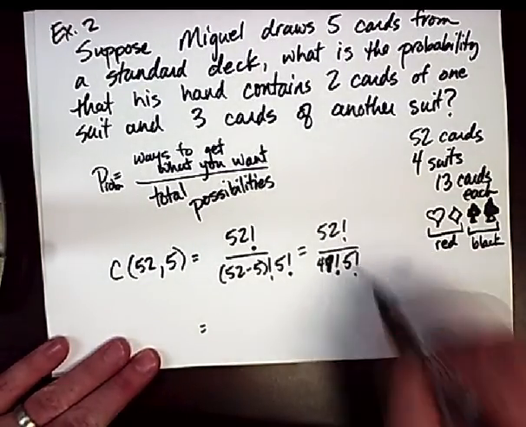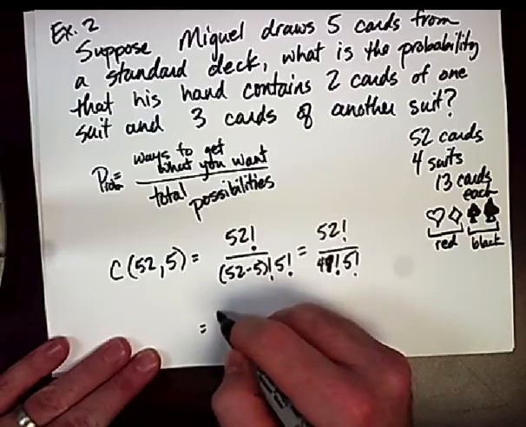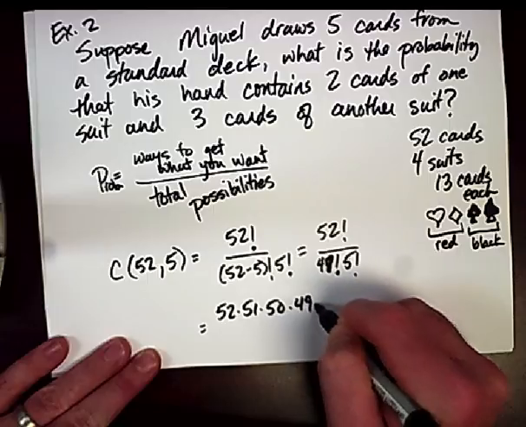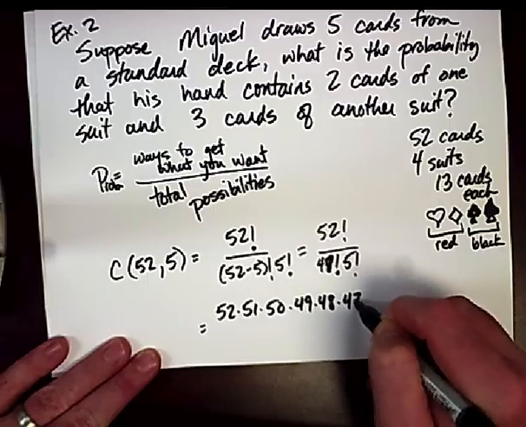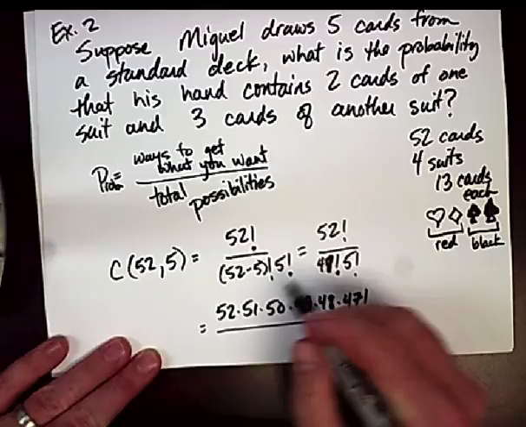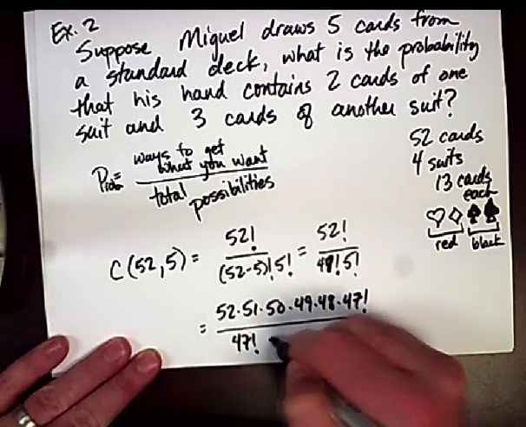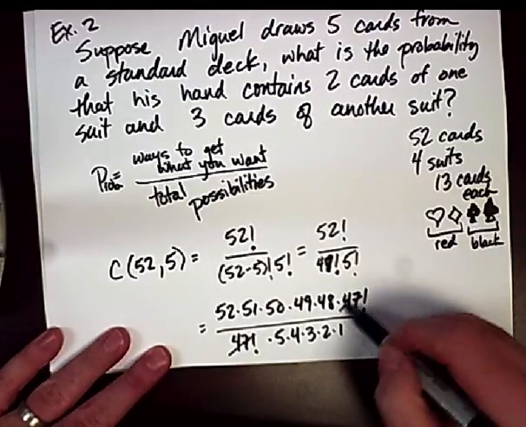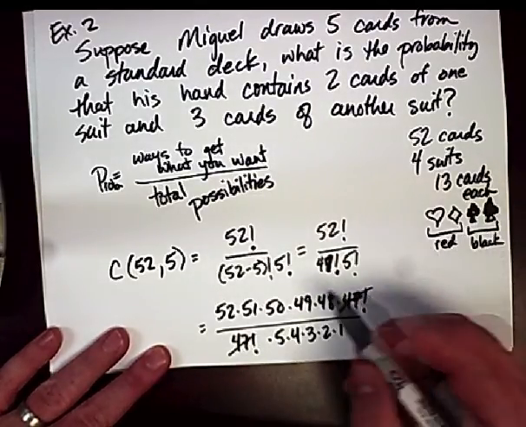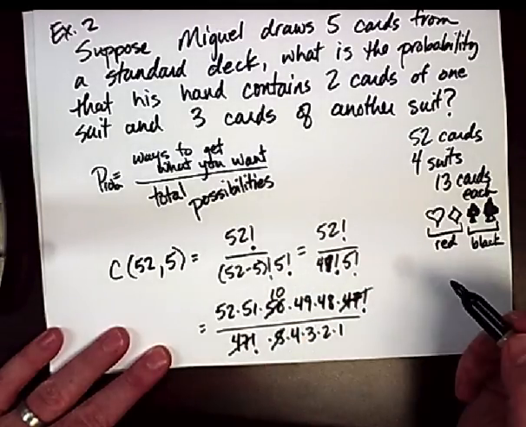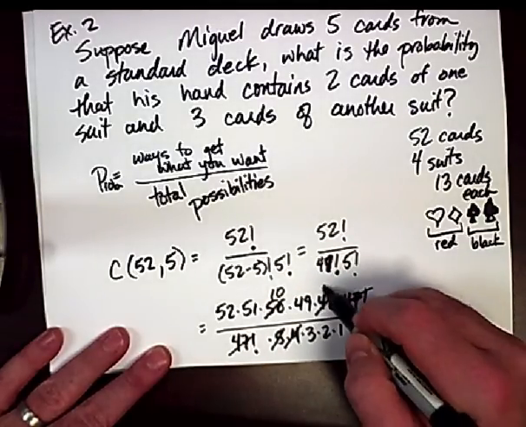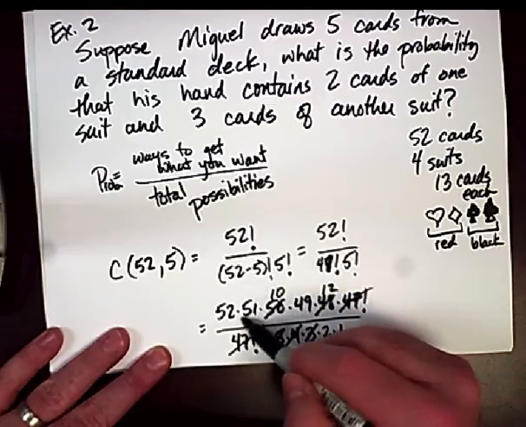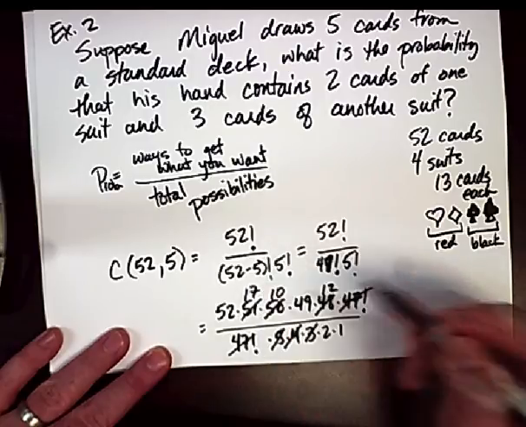Well, the biggest on the bottom is 47 factorial, so that's where you're going to stop. So you've got 52 times 51 times 50 times 49 times 48 times 47 factorial over 47 factorial times 5 times 4 times 3 times 2 times 1. 47 factorials cancel. 5 goes into 50 10 times. 4 goes into 48 12 times. 3 goes into 51 17 times.